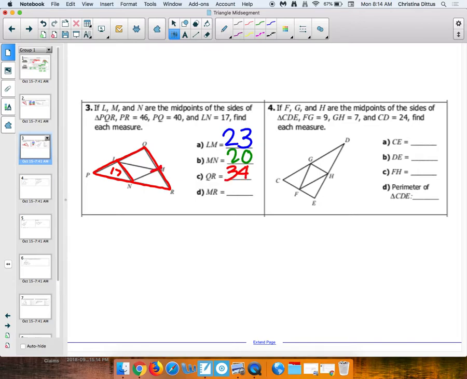So how can I find MR if the whole thing is 34? These are all midpoints. So M has to be the midpoint of QR, which is 34. So it's 17. Half of 34 is 17. Questions?